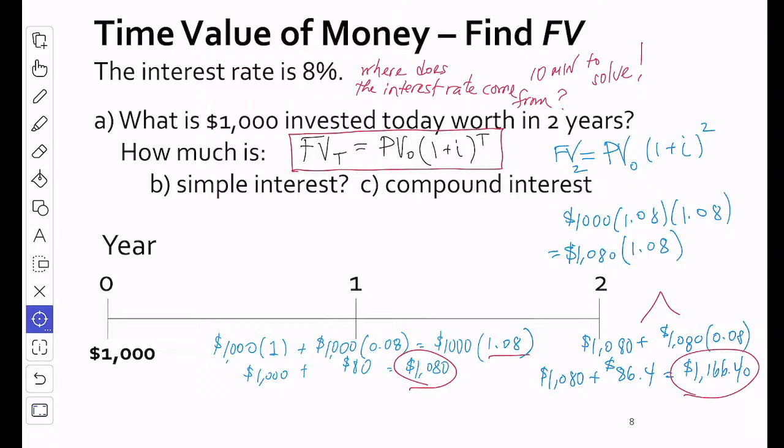So simple interest ignores compound interest, okay? So you need to know what compound interest is to ignore it from the final amount. Simple interest is as though there is no compounding. So it's just the principal amount times the interest rate times the time period.